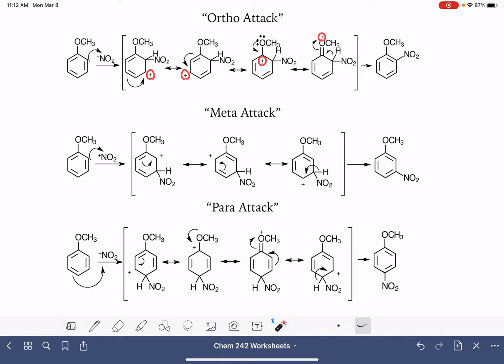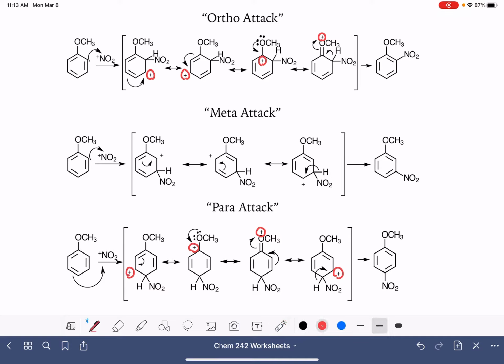Like we saw in the last video, the ortho and the para mechanisms are pretty similar to each other. So if we look down here at the para mechanism, again, we see the same kind of thing, that positive charge being delocalized up out of the ring due to the presence of the lone pairs of electrons on the oxygen atom. So 4 resonance structures for the para mechanism as well.